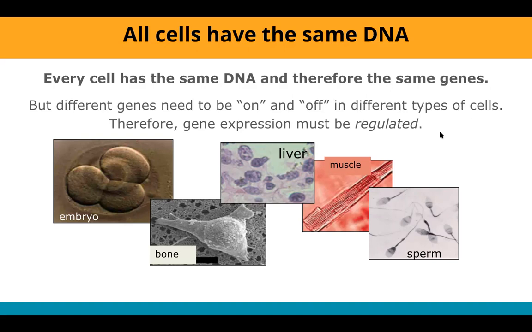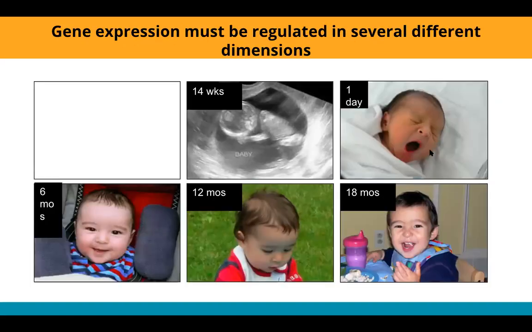And this is the reason why we have different types of body tissues, and different types of phenotype or characteristic. It's because of the regulation of gene expression.